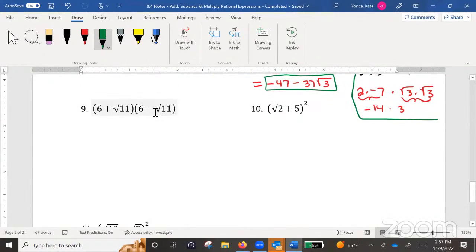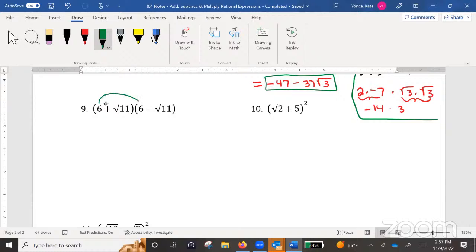Anybody recognize these? Conjugates. So it will be difference of squares, right? But we can FOIL anyway, but we know outside and inside are going to cancel out because they're conjugates.